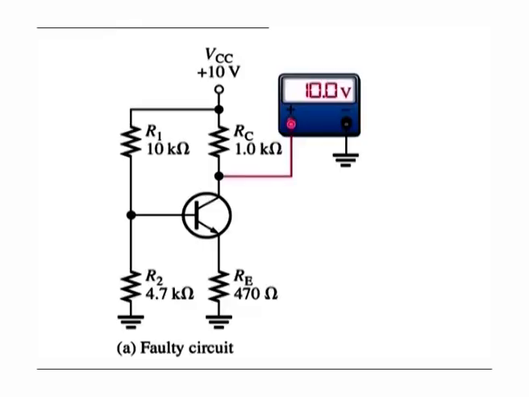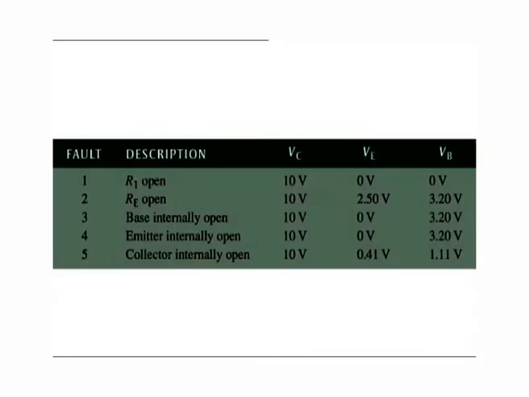For this type of bias circuit, a particular group of faults will cause the transistor collector to be at VCC when measured with respect to ground. Five faults are indicated for the circuit in the figure: R1 opens, RE opens, base internally open, emitter internally open, or collector internally open.